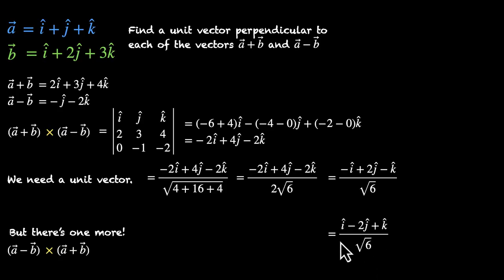So this will give us i cap minus 2j cap plus k cap divided by root 6, the exact opposite of this. So this is the second vector that's also a unit vector that's also perpendicular to a plus b and a minus b. Think of it like this. If you have the xy plane, your positive z-axis and your negative z-axis, both of them are perpendicular to the plane.